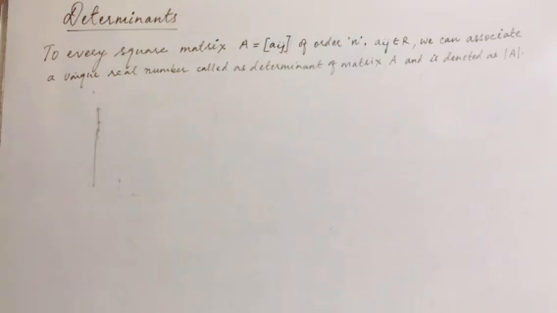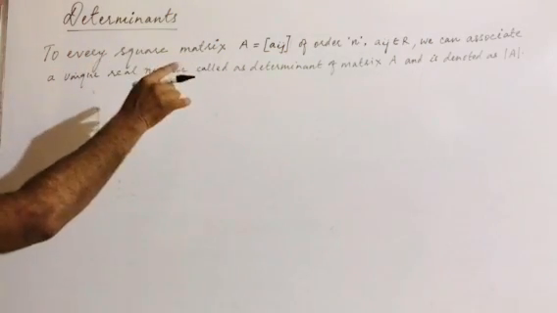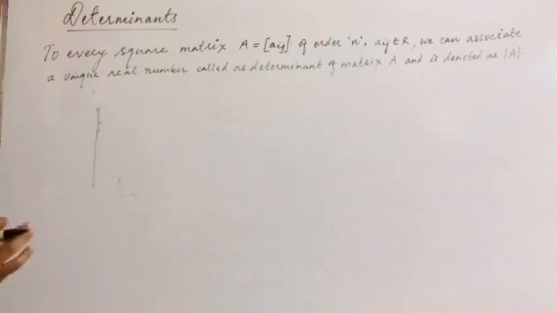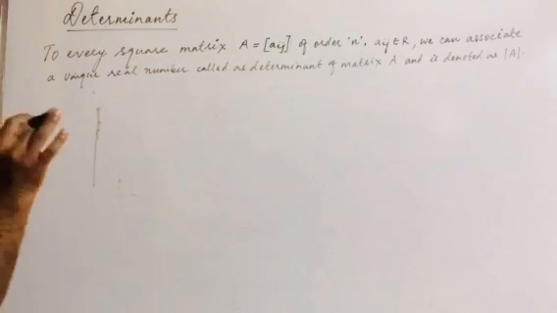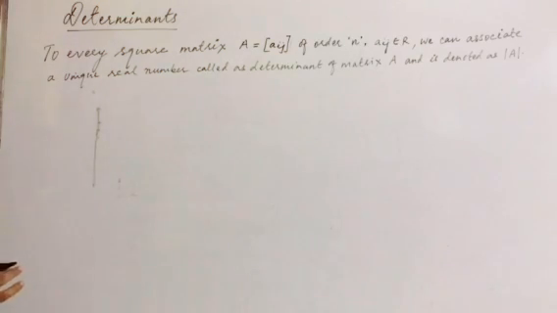So first of all, we should understand the meaning of the term determinant. Here I have written one definition for you. To every square matrix A = [Aij], where ij stands for the position of the respective row and column, of order n, and all elements of the matrix A belong to real numbers, we can associate a unique real number called the determinant.